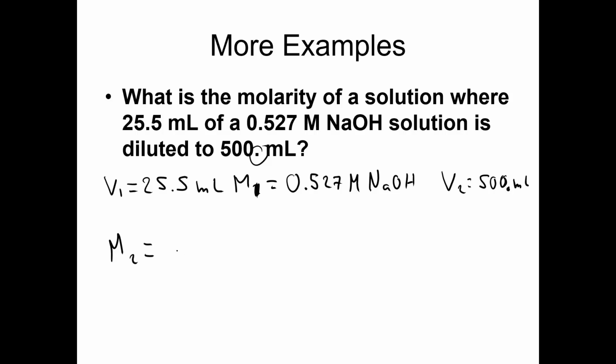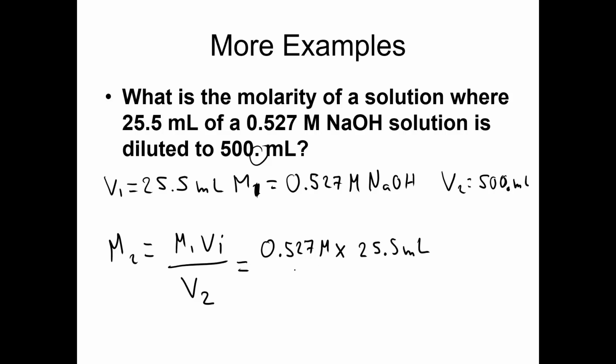So solving for M2, M2 is going to equal M1V1 over V2. So we have 0.527 M times 25.5 mL divided by 500 mL.